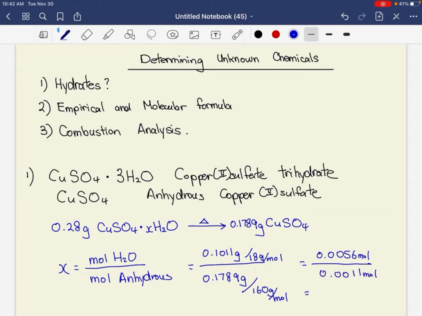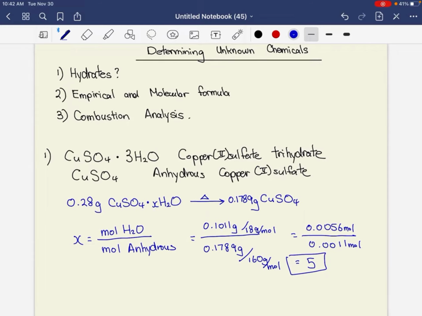So again, if you divide the two numbers, you should get some sort of integer. And that integer is 5. At least you round it to an integer. So the answer is CuSO4·5H2O, pentahydrate.